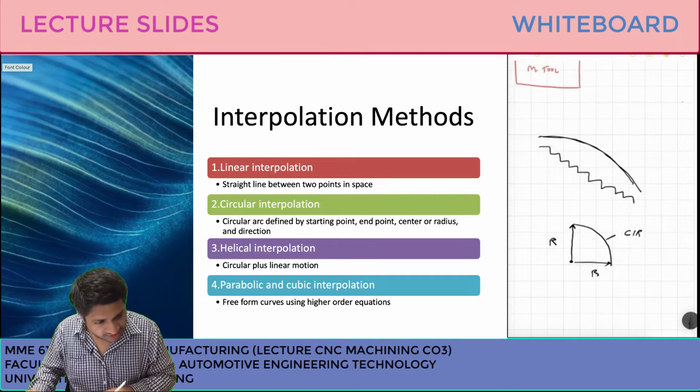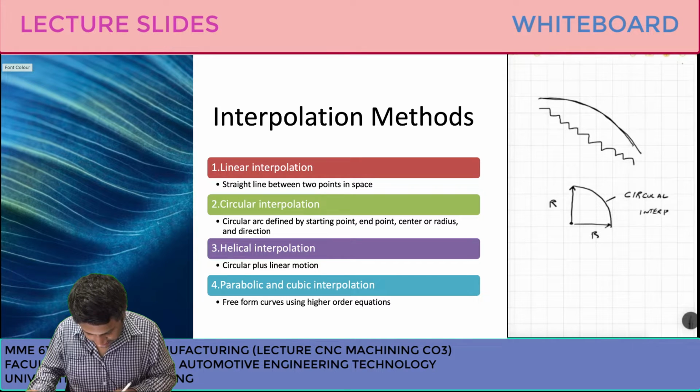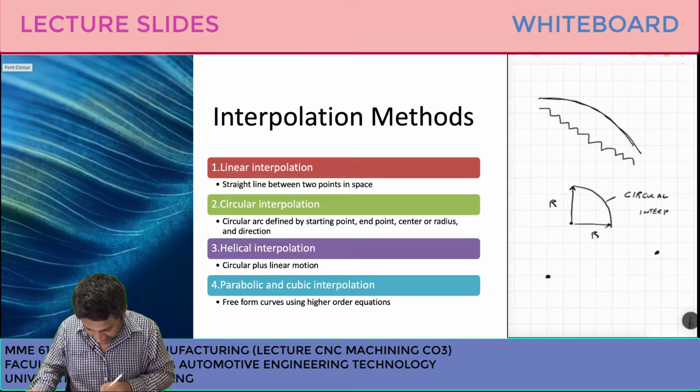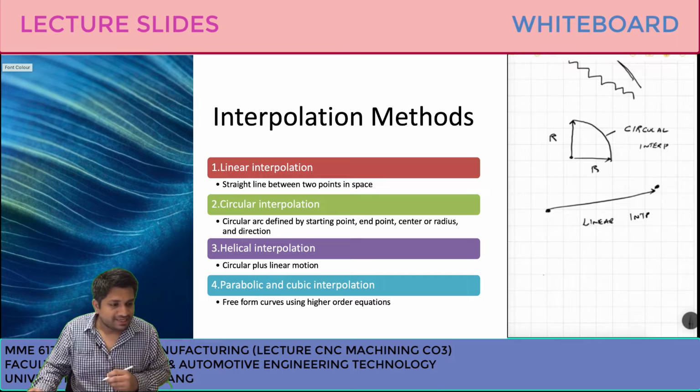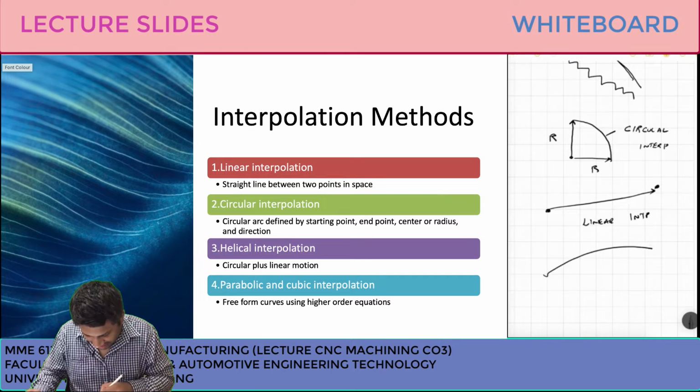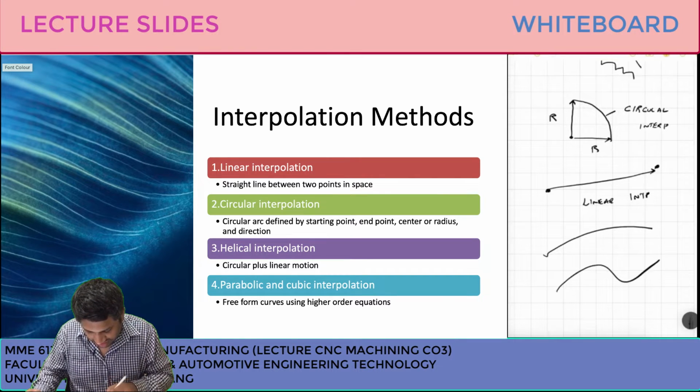This is called circular interpolation. If I go from one point to another in a straight line, this is called linear interpolation. Then we move on to more complex polygons and polynomials, hyperbola, etc.